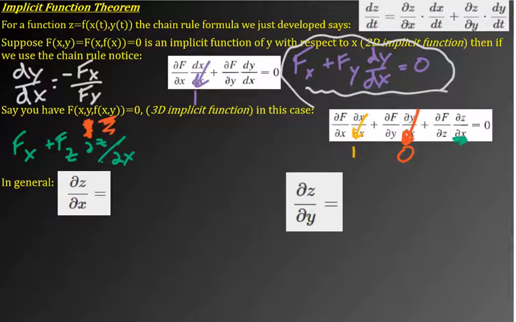And remember, this whole term is gone, so that's why I'm putting a 0 there. And then again, it equals 0. And so then you can rewrite it, and partial of z with respect to x would equal negative f of x over f with respect to z.